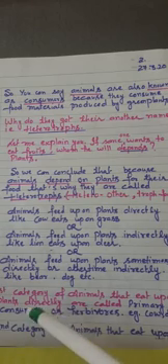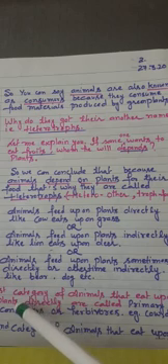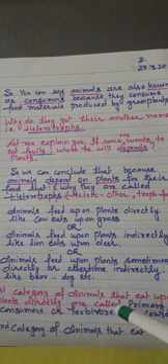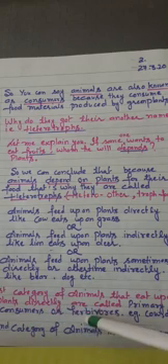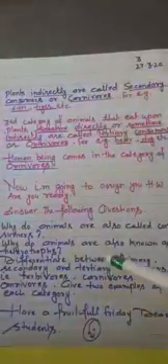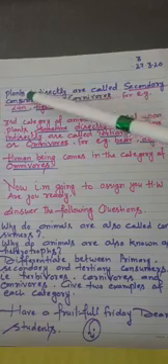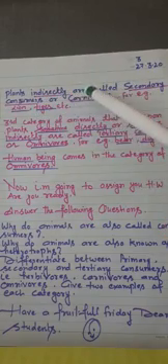Now the second category of animals that eat plants indirectly are called secondary consumers or carnivores.